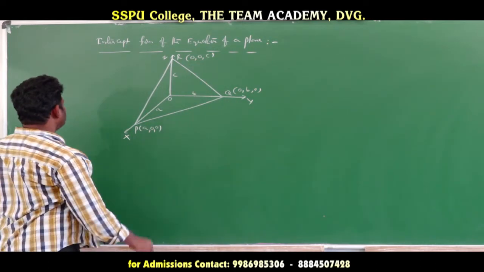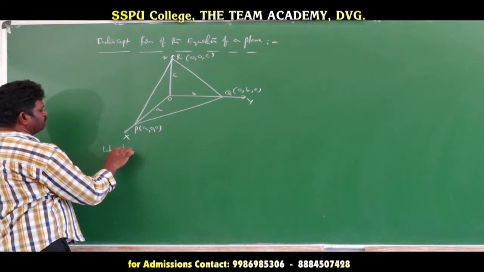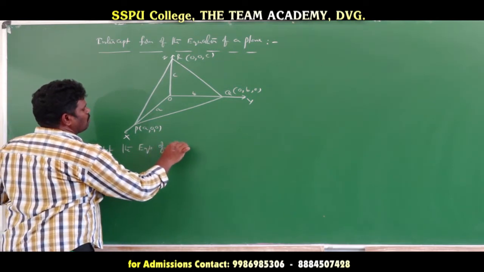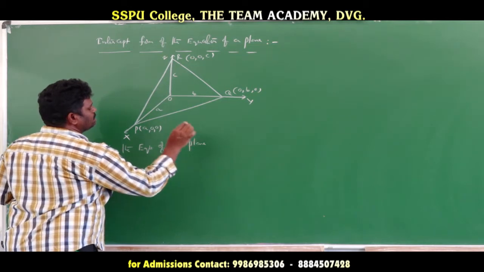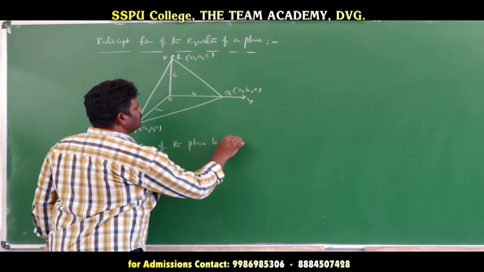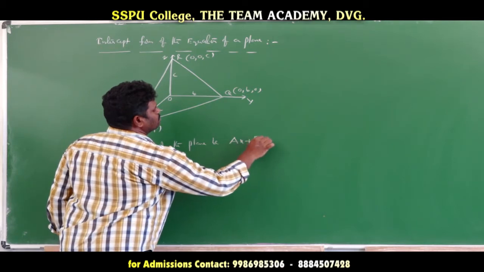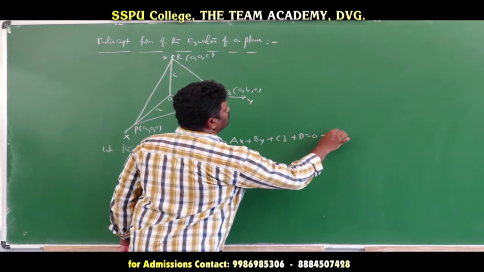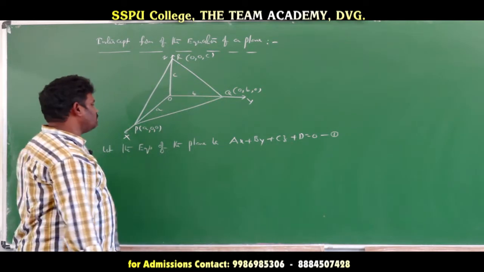Okay? So first, let the equation of the plane be ax plus by plus cz plus d is equal to 0, equation 1.